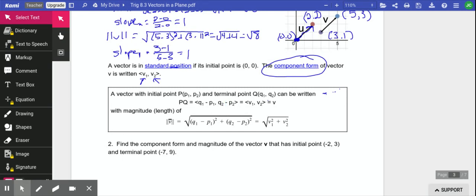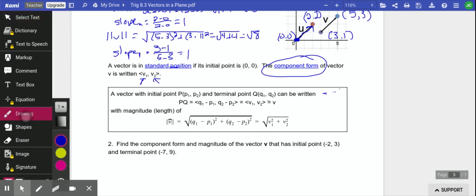Okay. And then the magnitude, again, is just the distance formula. Now, if you have it written in component form, we can kind of shortcut the distance formula, because we've already taken x minus x and y minus y.